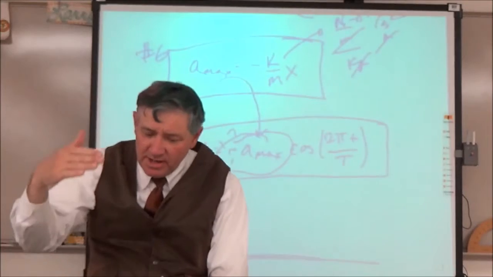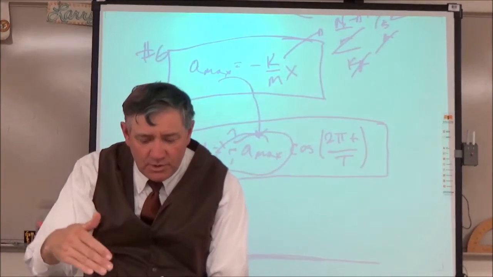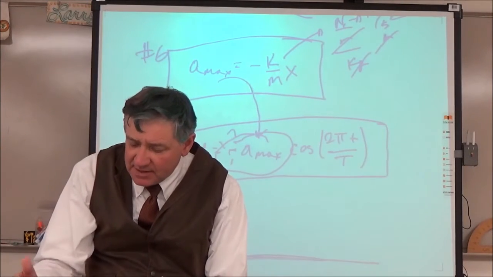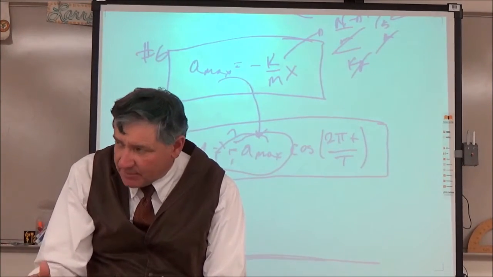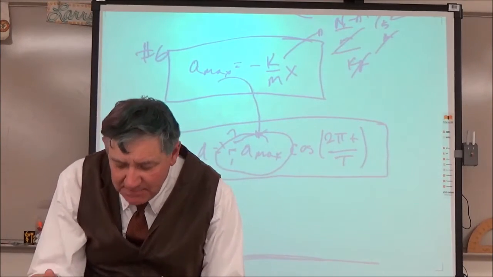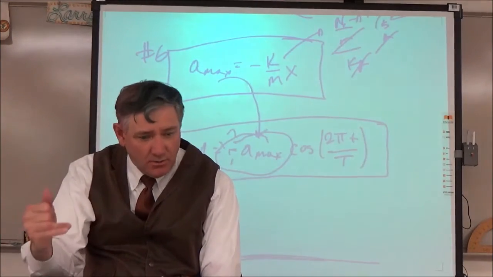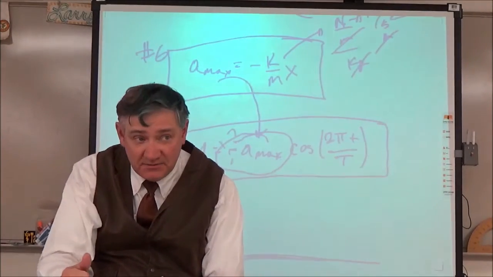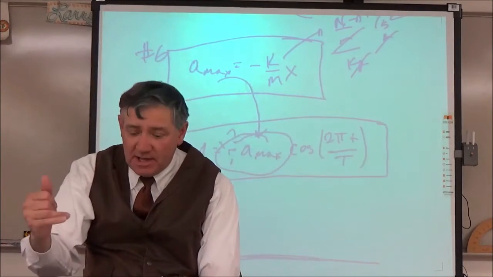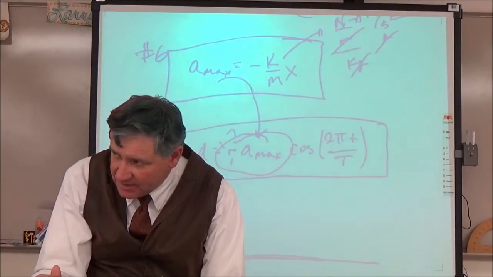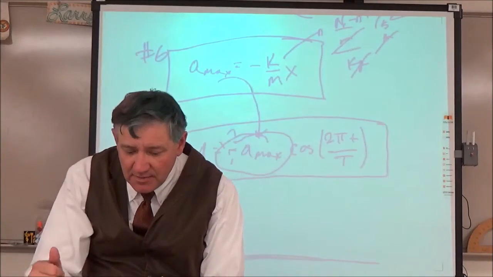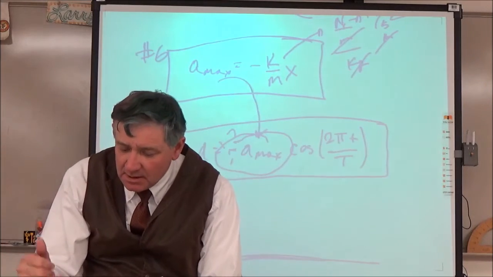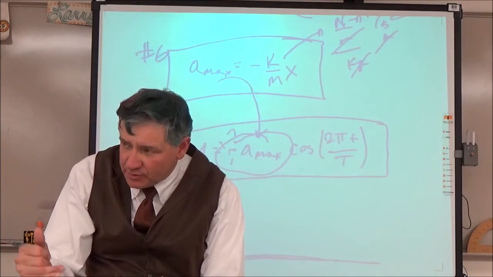Now at this point, when you get down to number 10, on the velocity time graph, indicate the sign of the acceleration in each segment. Don't skip that. You're going to go back to the velocity time graph and label the sign of the acceleration, positive or negative. Then on number 11, at times 1/4 T and T, on the velocity time graph, you're going to draw tangent lines.